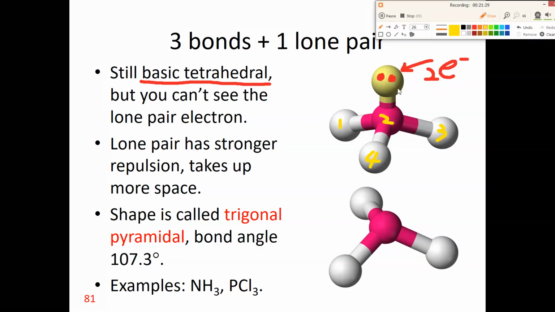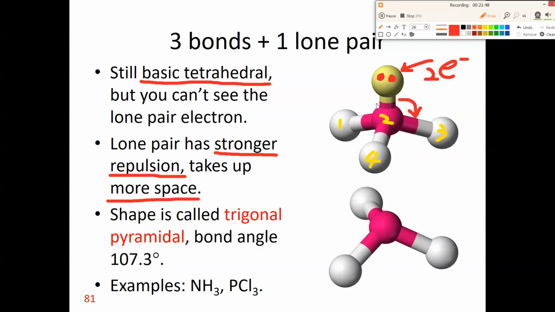It's not an atom. Because lone pair electrons are not bonded, a lone pair takes more space, so it has stronger repulsion. So the lone pair is going to repel all the bonds harder. It squeezes the bottom structure a little bit, so the top has more space and the bottom is squeezed together a little.